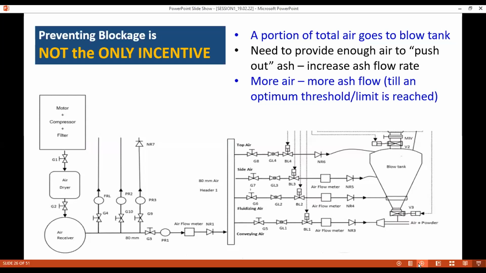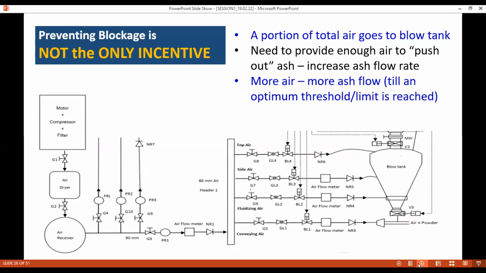And you have to understand one thing, that the ash by gravity will not fall in the line. This is not simple Newtonian mechanics. You have to provide certain air in the blow tank in a certain way, and then only is the ash going to nicely fall. Most of the time people talk of compressor capacity being low.